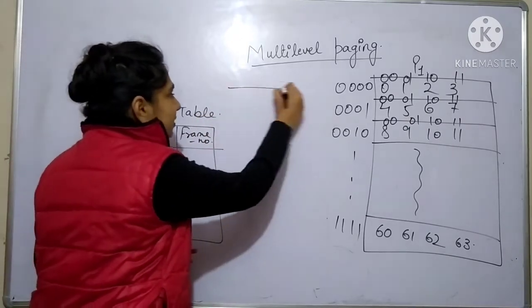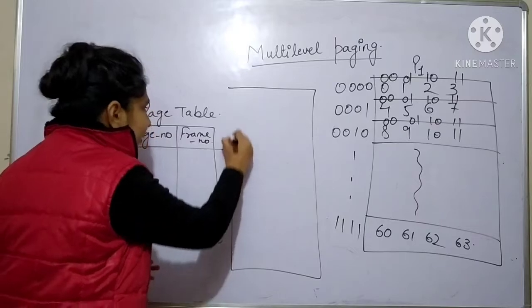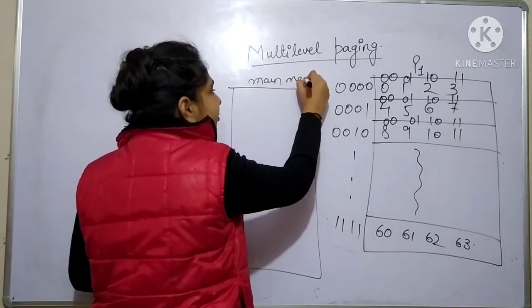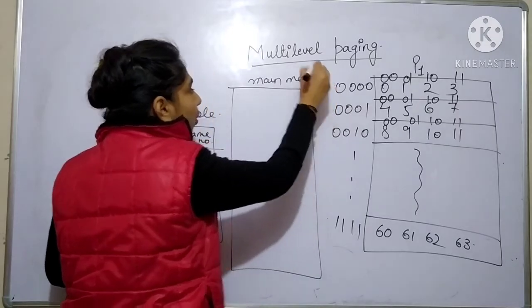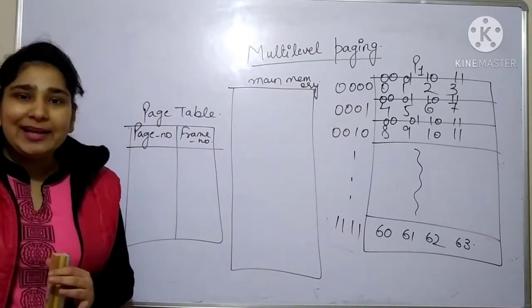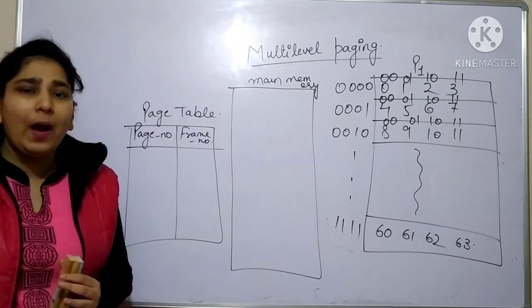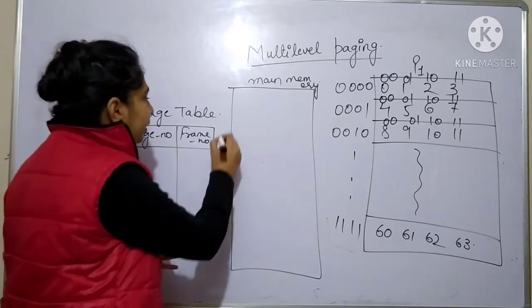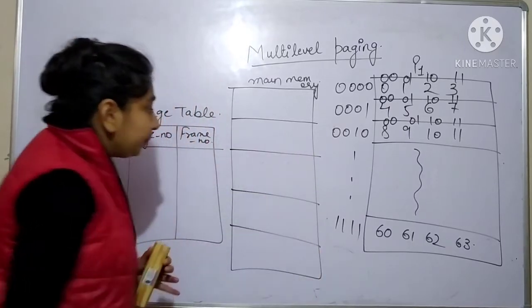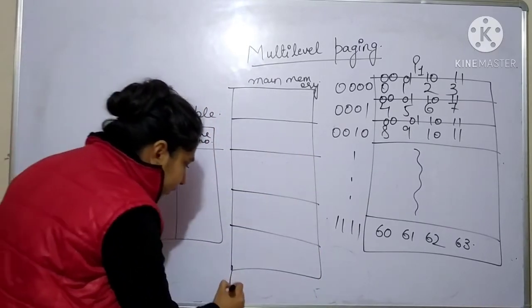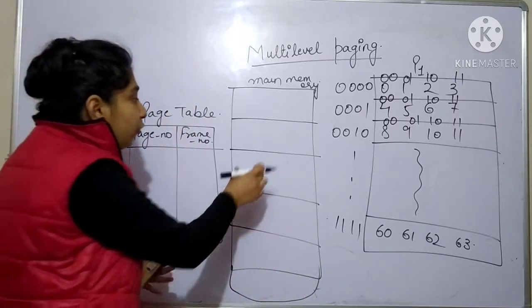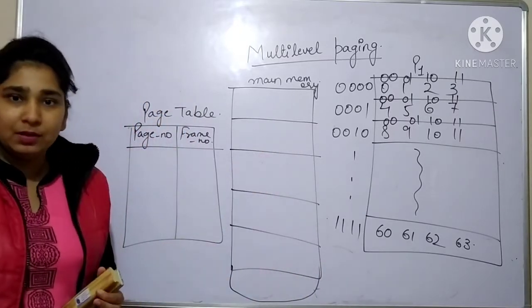And this is my main memory. Your page table is also going to be stored in the main memory. What I have done is divide my main memory into frames like this. Your page table should ideally fit in one frame.